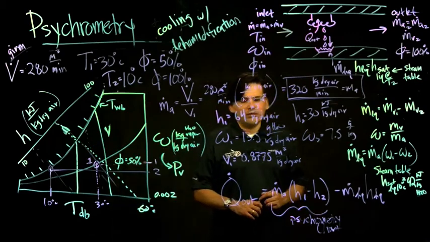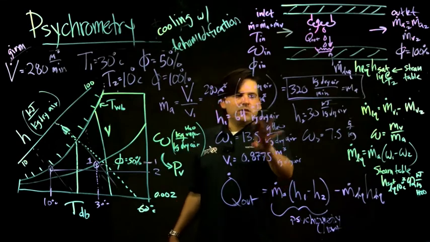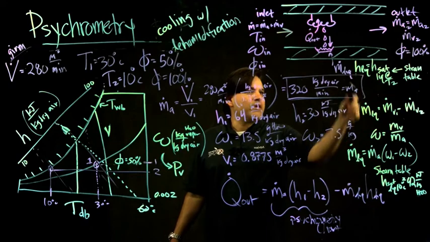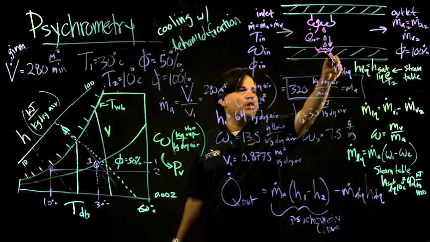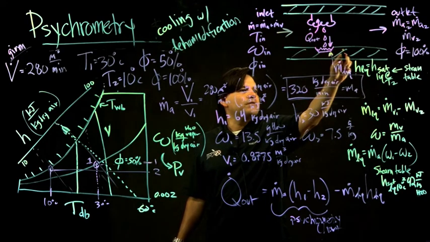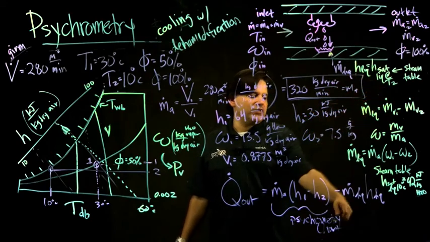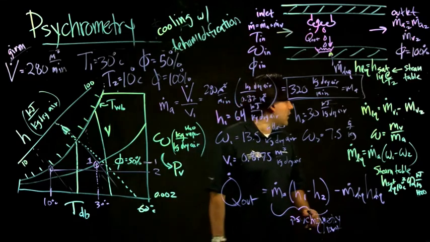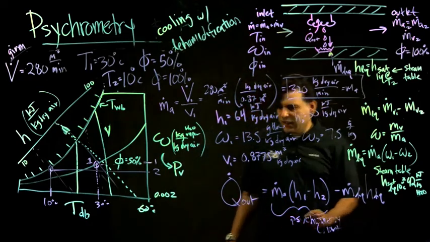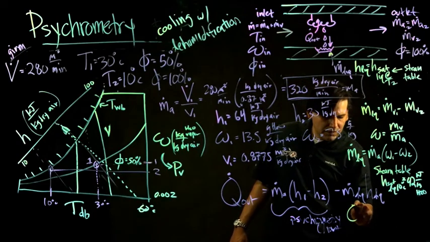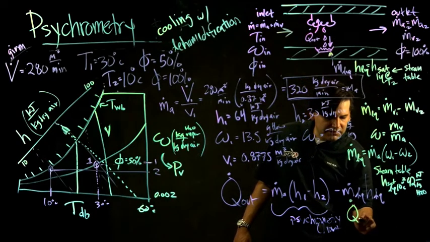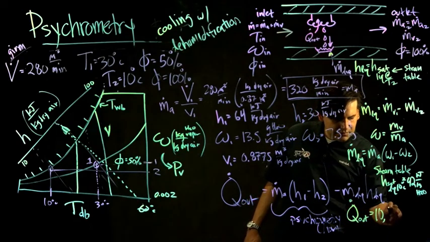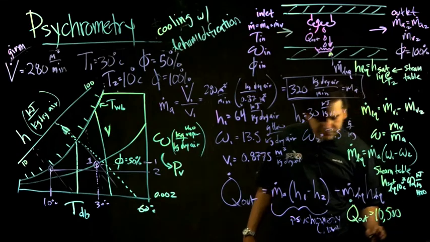So that's everything. If we plug in some of the values from the chart, we do this mass balance to get the liquid mass, then we know that this stream of condensed water is saturated liquid. We can look at the steam tables to get the enthalpy there, and that's pretty much what we needed. So plugging all of these in, you should get that the heat transfer from all these balances is something like this.